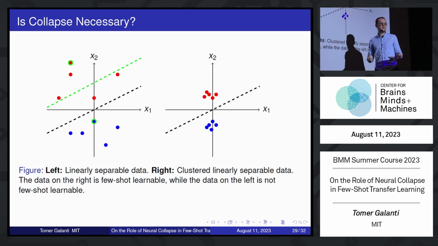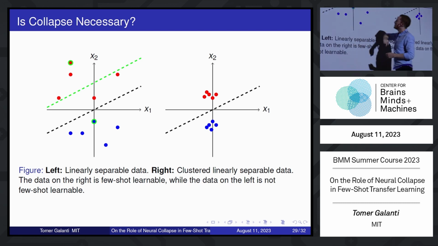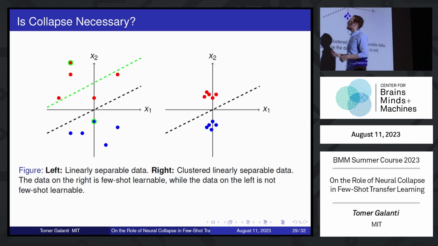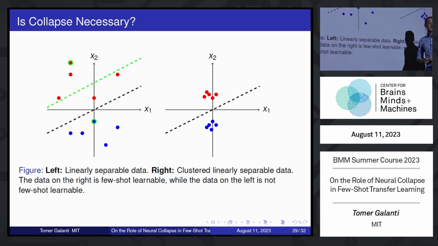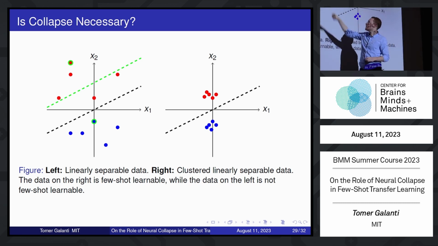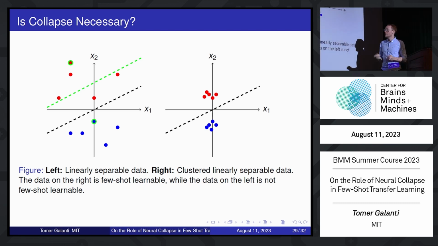That is maybe the best shot I have. So I take this green linear classifier, and then there are potentially many samples that I miss here. So just picking one sample from each one of these classes is not going to be enough.